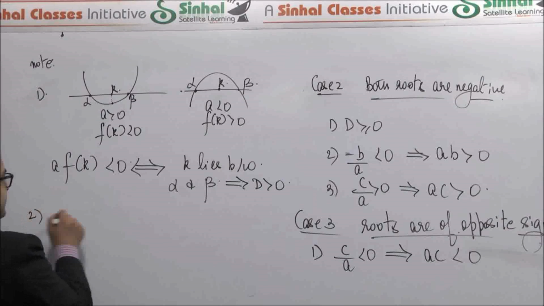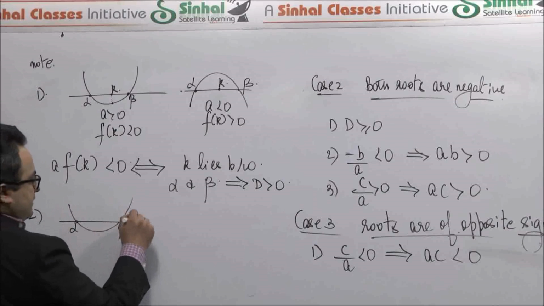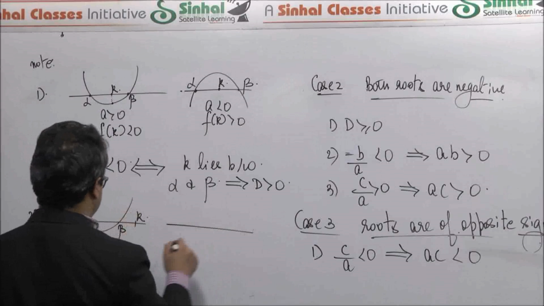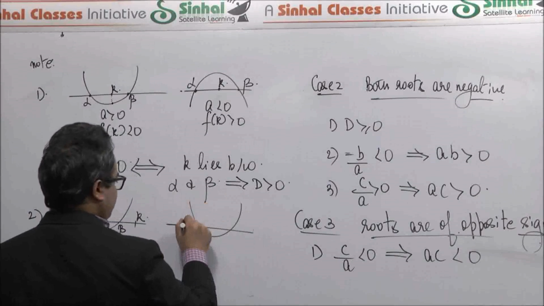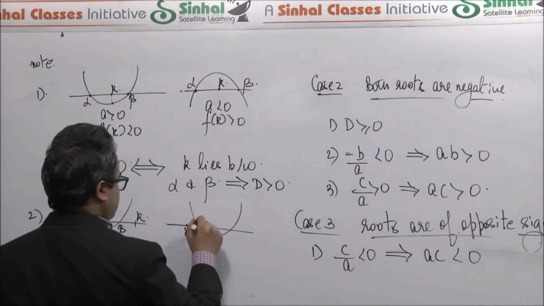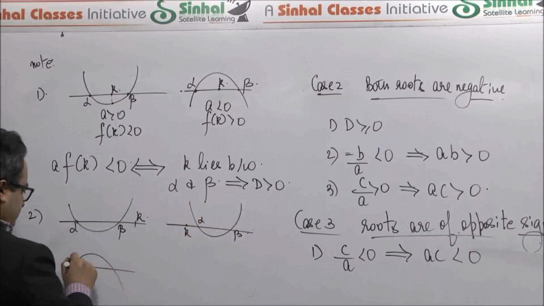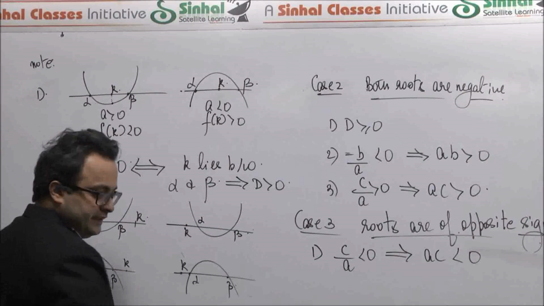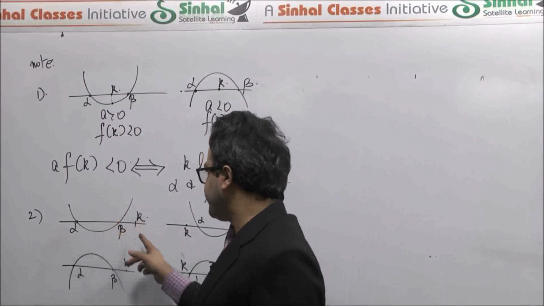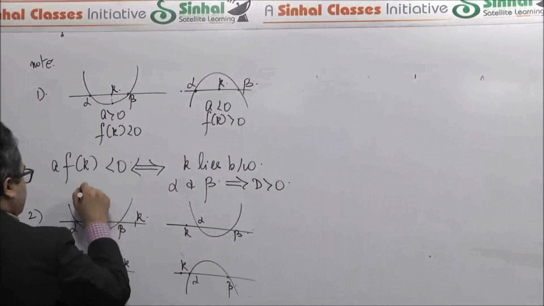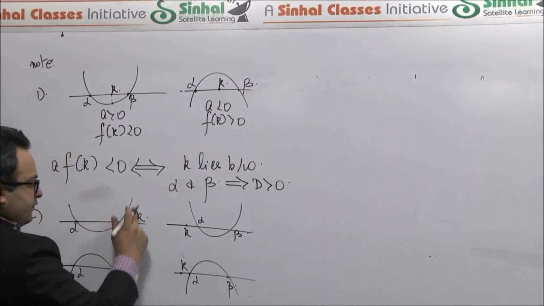And a second observation is that if k does not lie between alpha and beta, in all of these four cases, what is happening is that, for example over here, a is positive, f of k is positive.